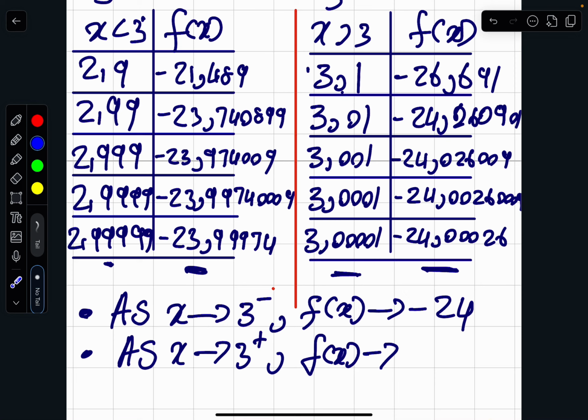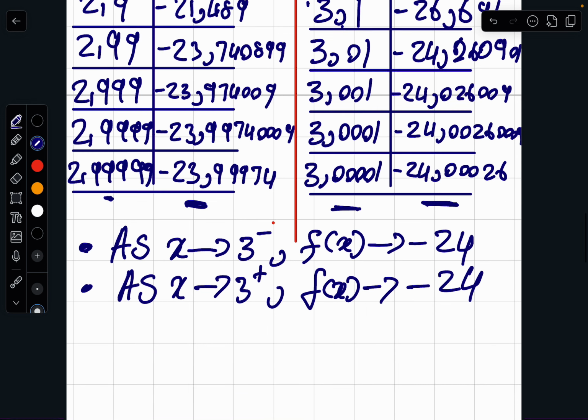We will remain with negative 24.0000000000000. That will lead to negative 24. Understand? Therefore, it approaches negative 24.